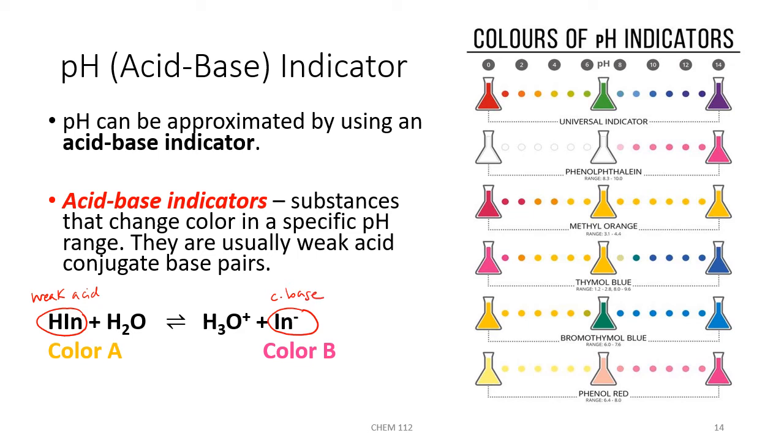They're usually organic compounds that contain something known as a chromophore, which changes color depending upon the pH environment. There are many different acid-base indicators. The most common one we've used is phenolphthalein, which is clear and colorless up until pH of 8.3, and then above that, in basic solution, it turns pink.